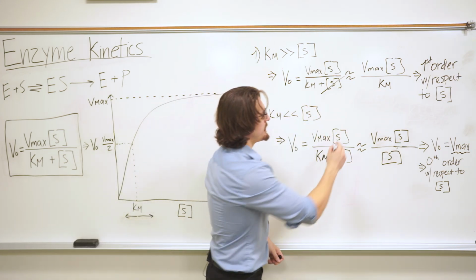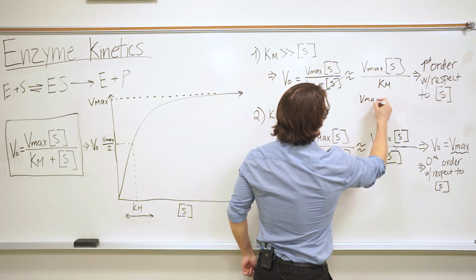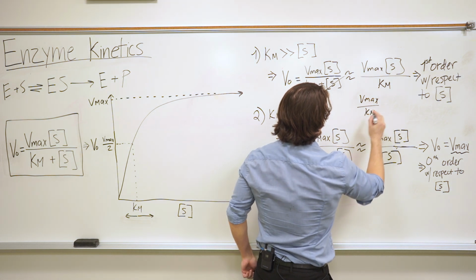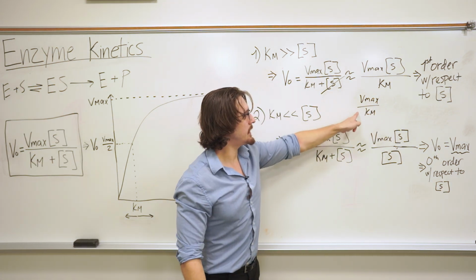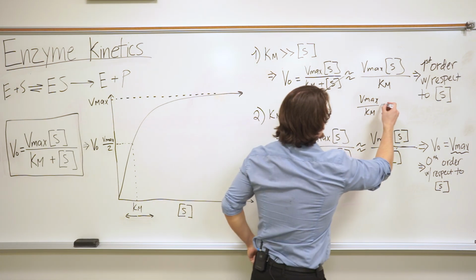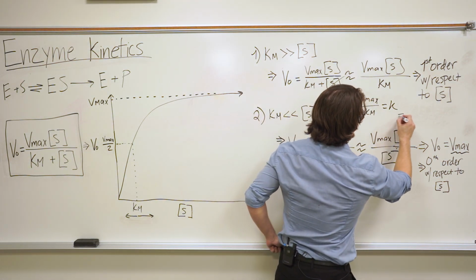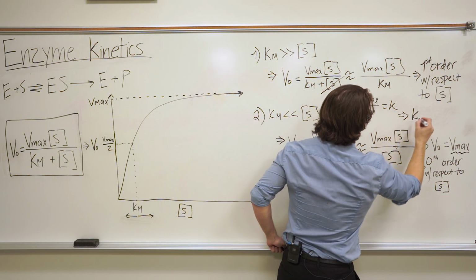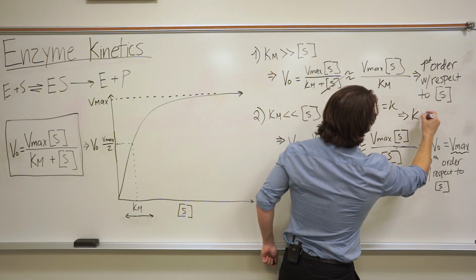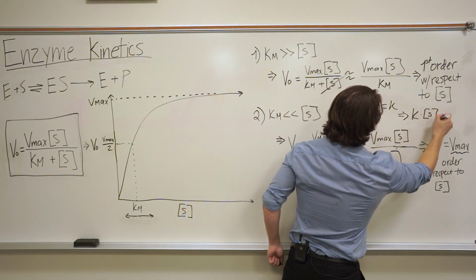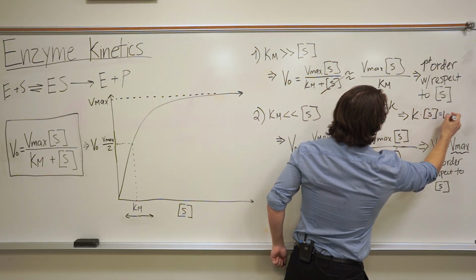Now remember, Vmax and Km are both constant values. So a constant divided by a constant is just another constant. So we can rewrite this equation as this constant K, which is Vmax over Km, multiplied by the substrate concentration, and that's equal to V naught.